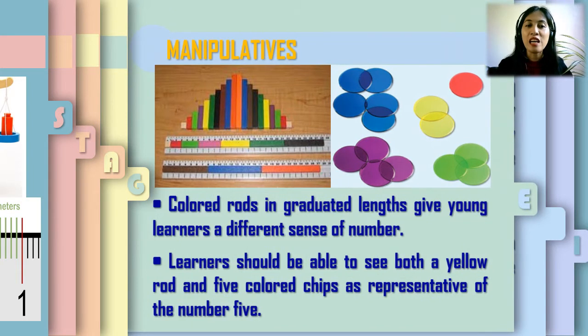So we could have colored rods in graduated lengths, which give young learners a different sense of number. Learners should be able to see both a yellow rod and 5 colored chips as representative of the number 5, the first being more of a measure model and the second a count model.